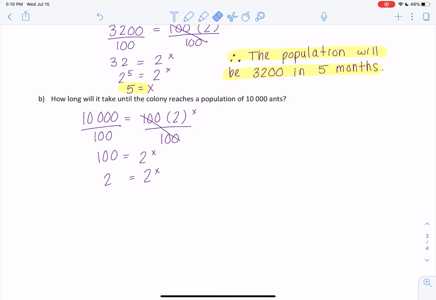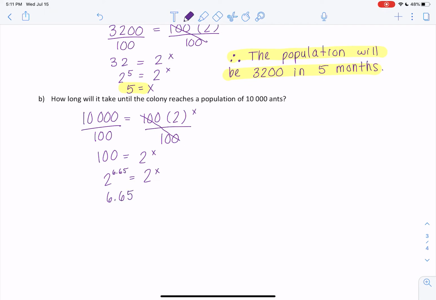So I'm already over. So 6.6, we're at 97. 2 to the power of 6.65, and I get pretty close to the 100. So I can fill in this blank with 6.65. But you basically just have to guess and check.